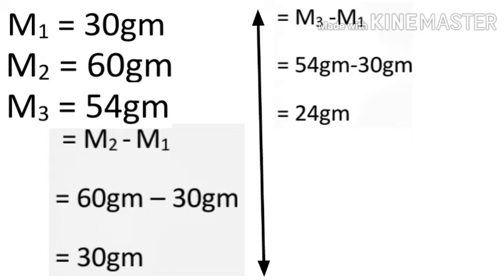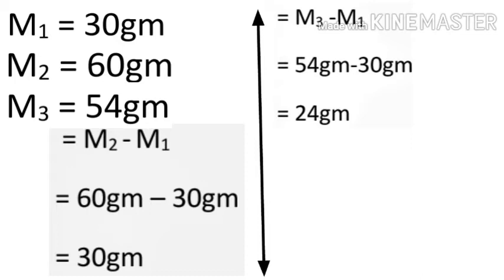So as we got the values of M2 minus M1 and M3 minus M1, since the density of water is 1 gram per centimeter cube, the mass of water contained in the bottle gives the volume of water. Thus, mass of liquid is M3 minus M1 gram and volume of liquid is M2 minus M1 centimeter cube, as 1 gram per centimeter cube is equal to 1 gram per centimeter cube.